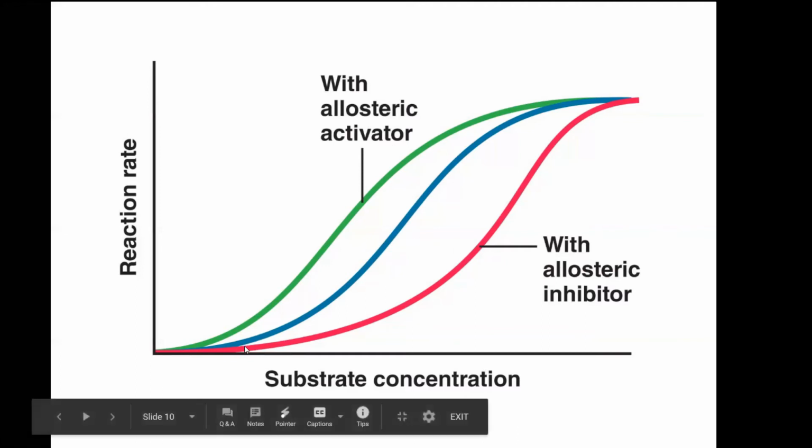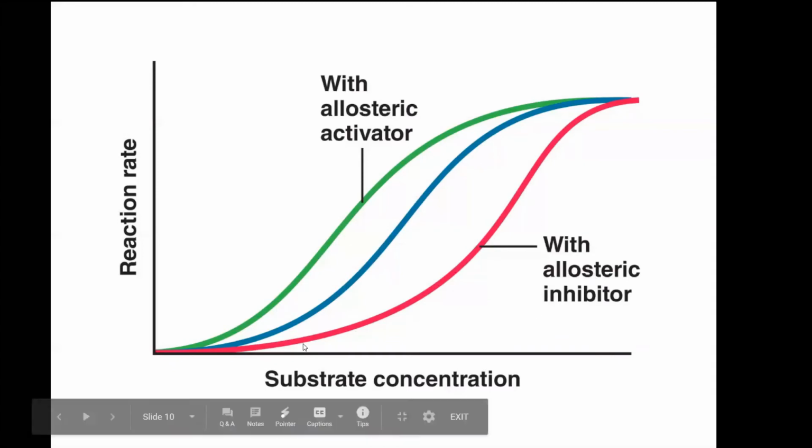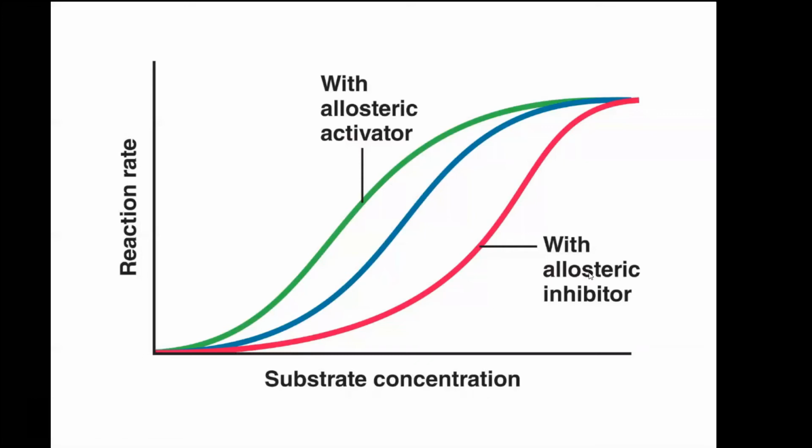So we can see here we have this lower S curve with our allosteric inhibitor. So it's going to take more substrate to get the same reaction rate. And the reason for that is this allosteric inhibitor has lowered the affinity of that enzyme for that substrate.